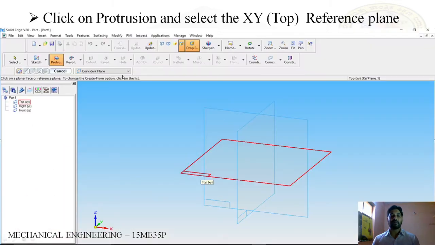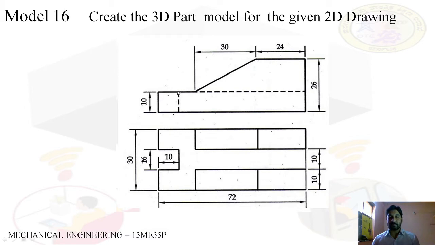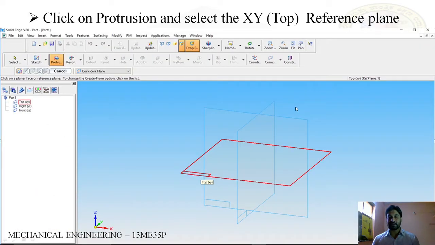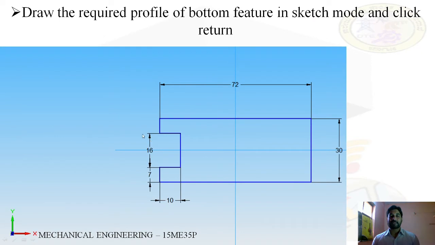In the first step, you have to click on the protrusion command and select the top reference plane, the top XY reference plane, in order to draw the bottom portion of this feature. Once you click on the top reference plane, it will move to the sketch mode.